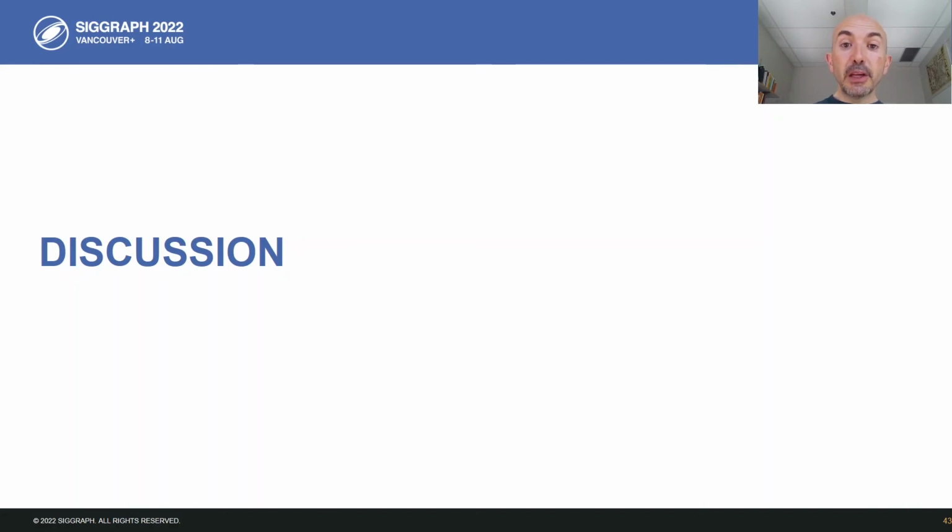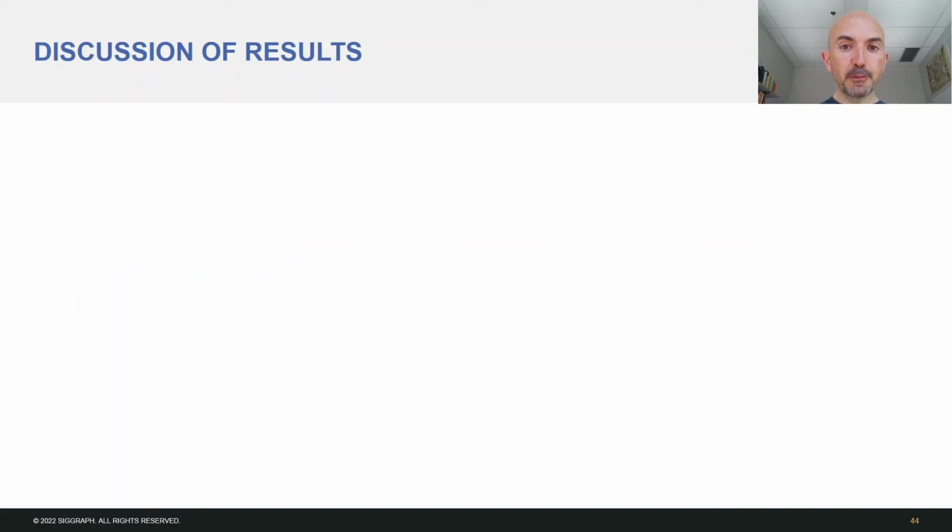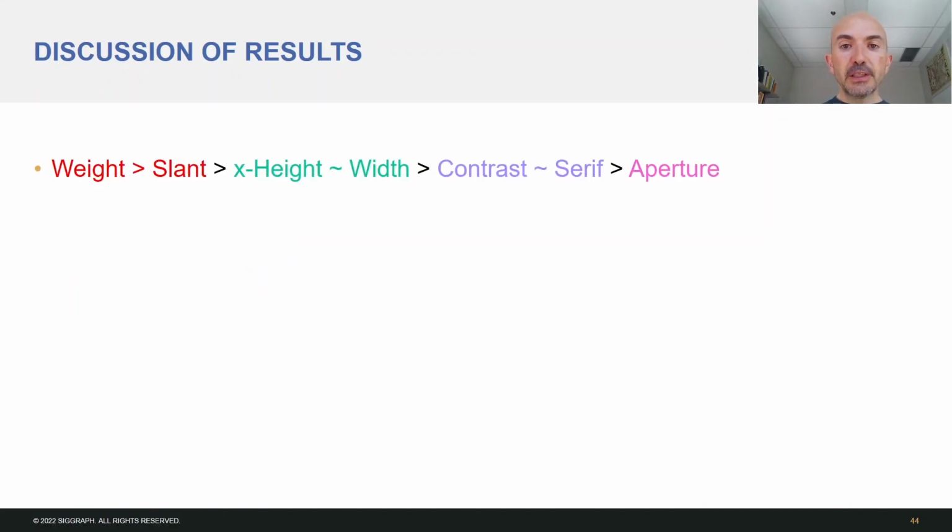Now on to the interpretation of the main results. A few key selected findings are the following. First, weight and slant, which are more or less in the same category, are the least noisy across tasks. Then we have a group of parameters, X height and width, that follow.